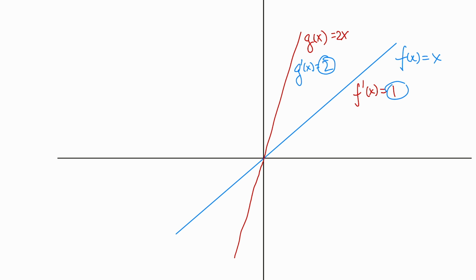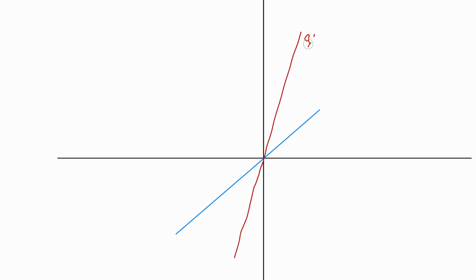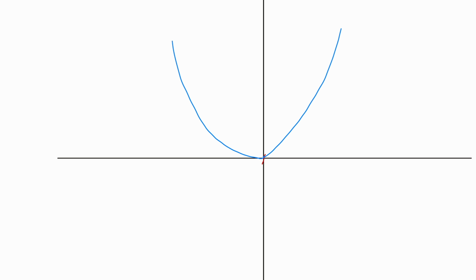Now let's take a look at a different function. Let's take a look at quadratics. Quadratics are one of the most used functions as well, or polynomials in general. So let me just draw a quadratic, and let's vertically shrink it, sort of like this, by a factor of 1/2.